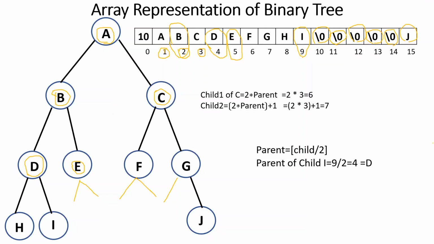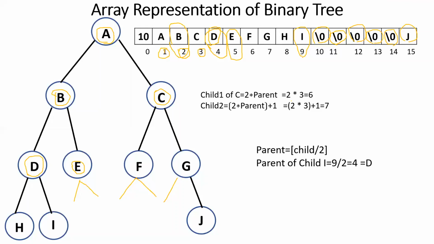Index number divided by 2. 9 by 2, that means we will get 4.5. That is 4, it is an integer value. So the index number of the parent of I will be 4. That means whichever node value is saved at index 4 will be the parent of I. That means D is the parent of I.